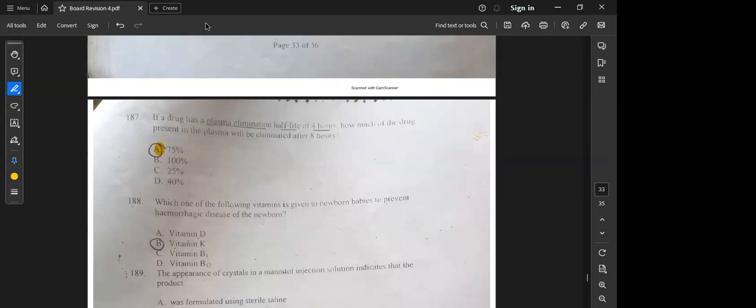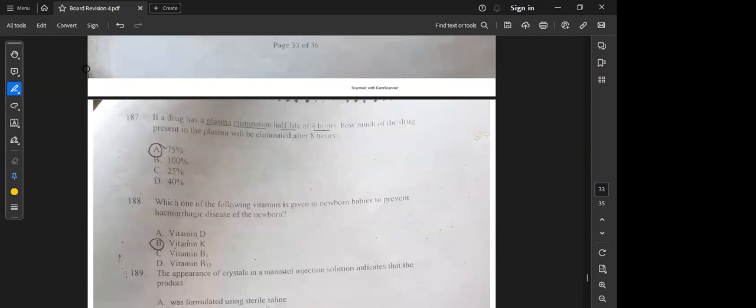So at 8 hours it will be 100%, because if the half-life is 4 hours, at 4 hours 50% of the drug will have been eliminated. Then after another 2 hours, 75%, which is 6 hours. So in 8 hours, the drug will be 100% eliminated. I don't know if I'm making sense.